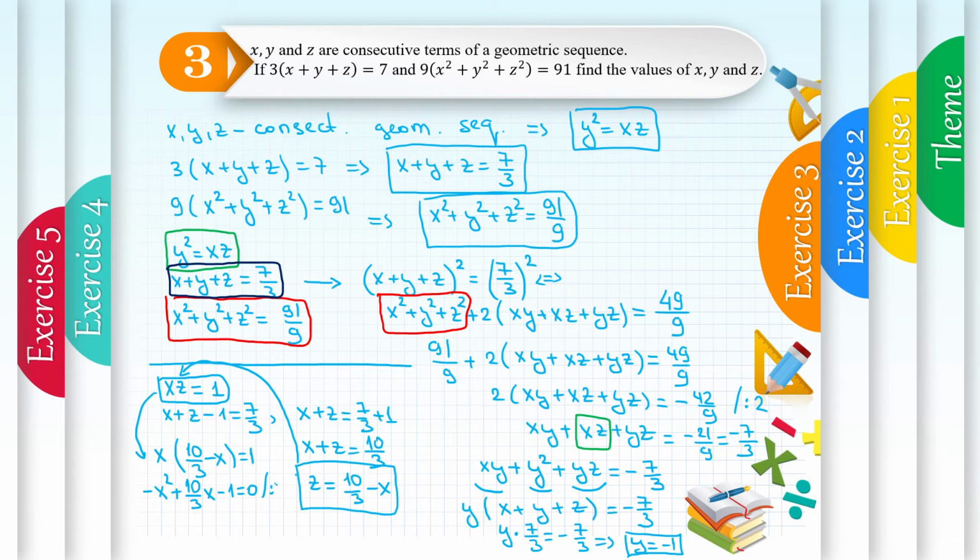Multiplying both sides by 3, we get minus 3x squared plus 10x minus 3 is equal to 0. So we obtain a second order equation in the variable x.